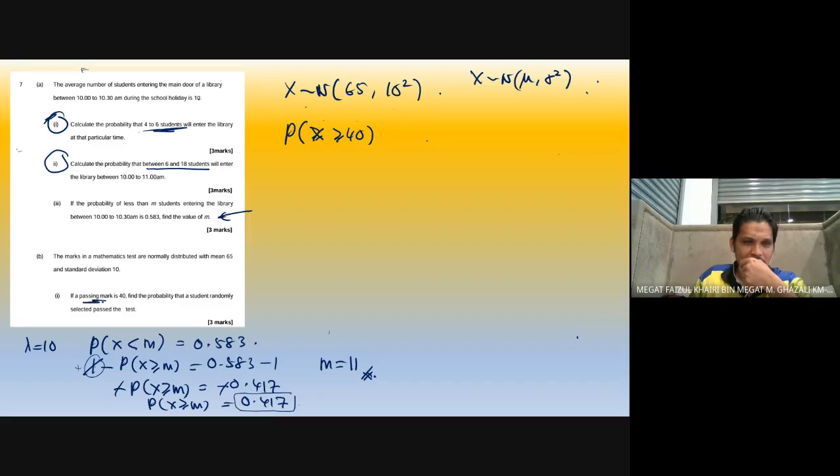If the passing mark is 40, which is probability of Z greater than or equal to 40 minus 65 divided by 10. Okay, 40 minus 65, which is probability of Z greater than or equal to negative 2.5.